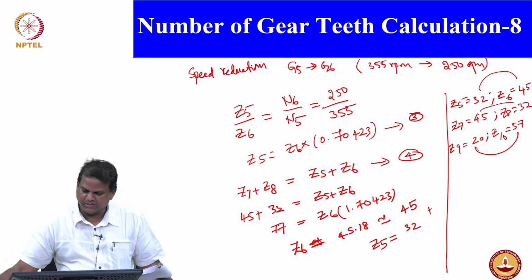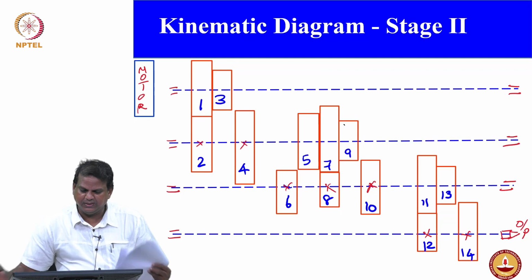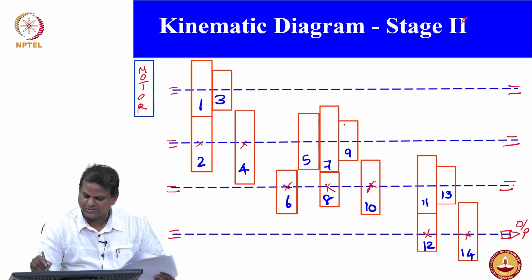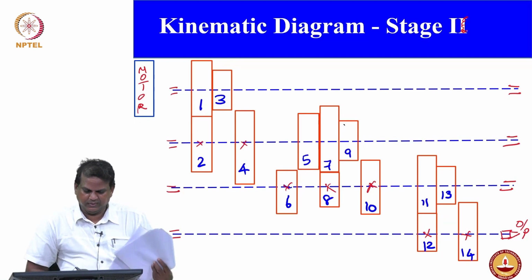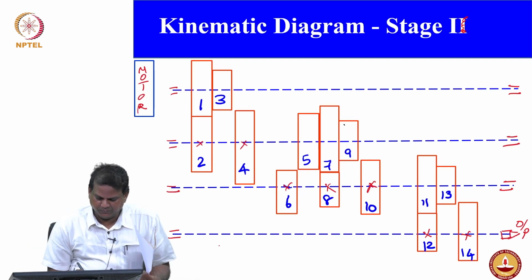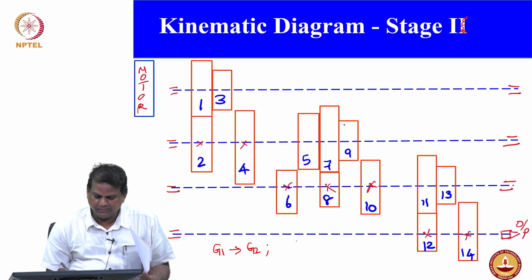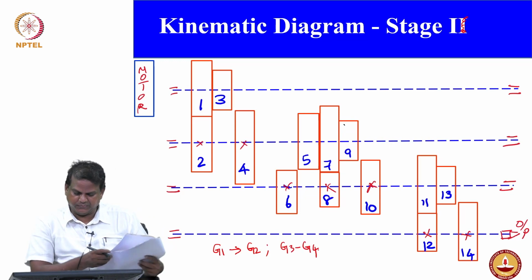Okay, second. Now we will move on to this, which is supposed to be stage 1. Okay, in stage 1, the final one, gear 1 meshing with gear 2, we can see that, right. Then gear 3 meshing with gear 4. Okay, it's fine.